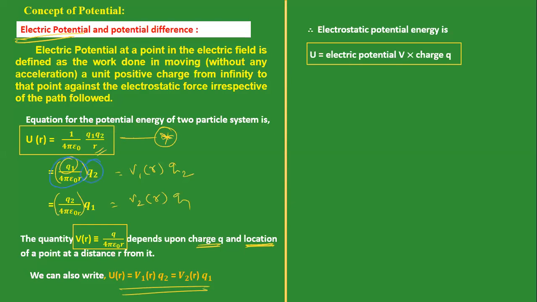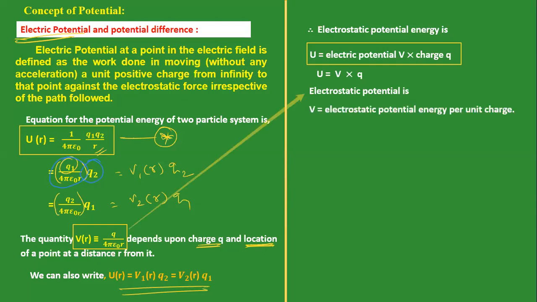So we have written the formula: electrostatic potential energy is equal to potential V into charge Q. V into Q, this is the formula. So electrostatic potential we can write. You can see here, this is the formula for electrostatic potential.